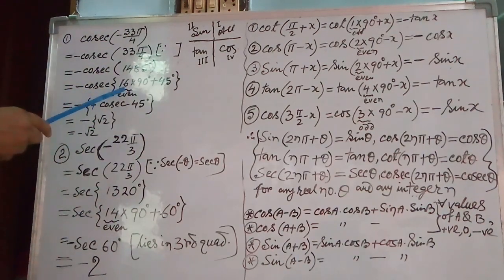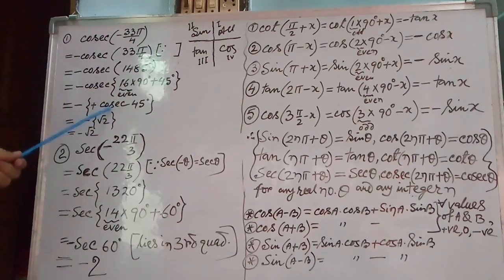Now see, the multiple here is 16, which is an even number. When the multiple is even, cosec will be cosec, sine will be sine, cos will be cos, tan will be tan.